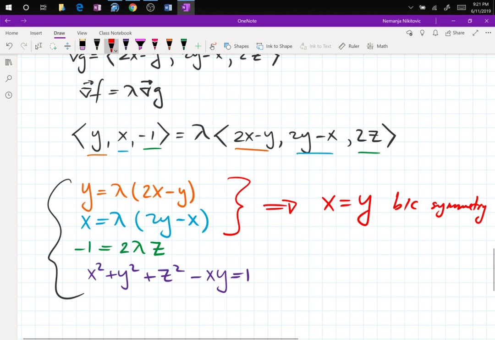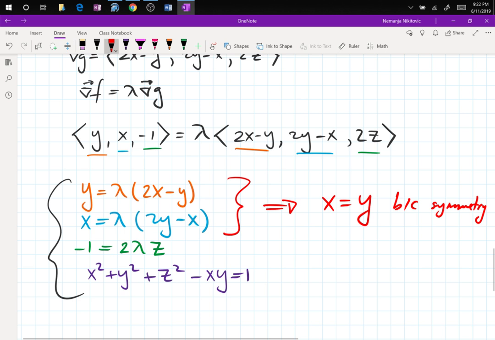If you have a pair, that's one thing; if you have the triplet, that's even crazier, then x equals y equals z. Boom, done, right? But in this case, you have only a pair of them, and that immediately eliminated one of the variables. So now our four-variable system is becoming a 3-variable system, and we do not care about lambdas, so it becomes a 2-variable system. It's a huge time saver if you have symmetric equations.